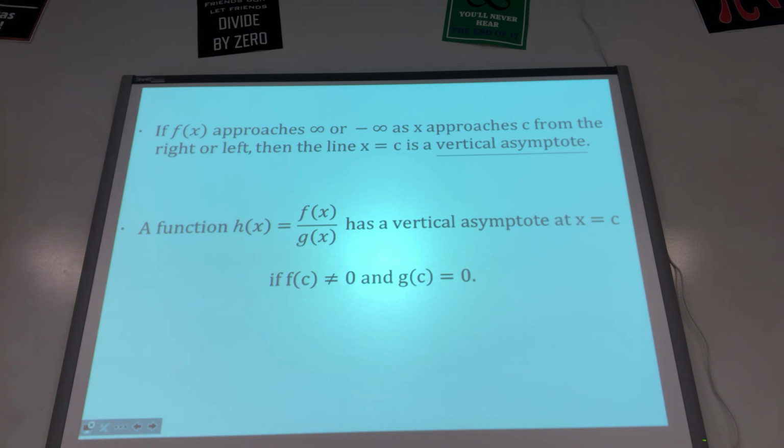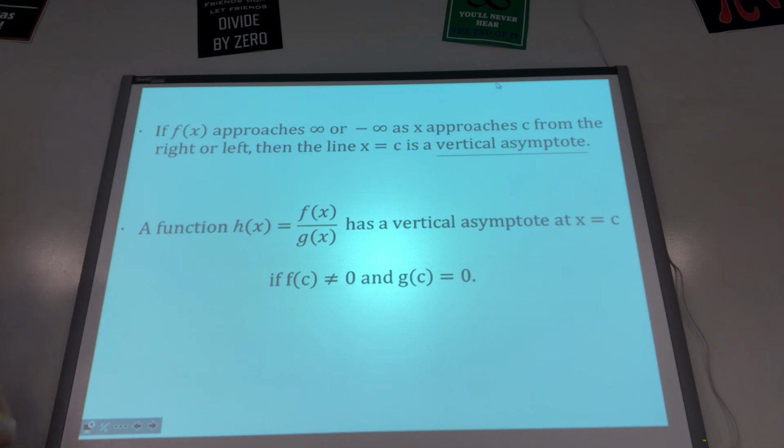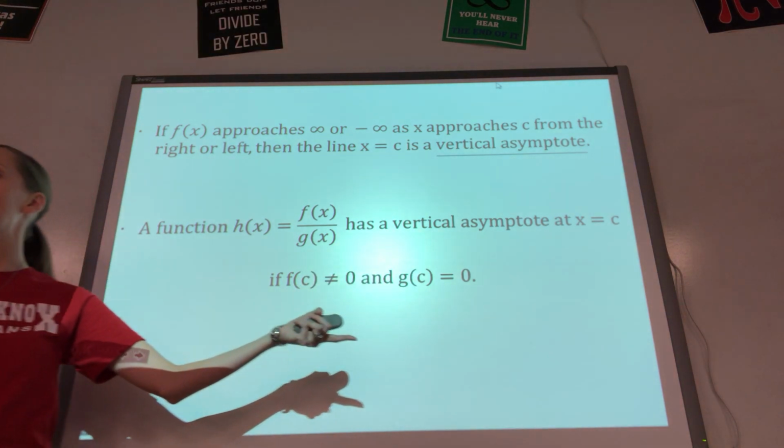A function h of x equals f of x over g of x has a vertical asymptote at x equals c if f of c does not equal 0 and g of c does equal 0.